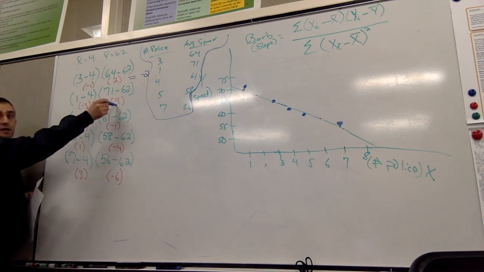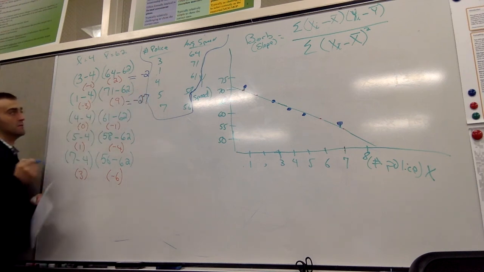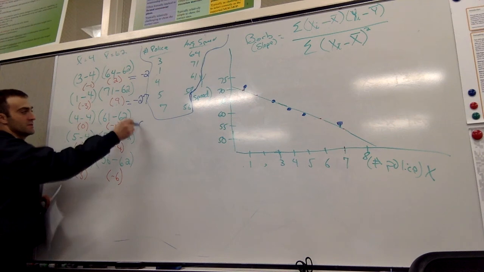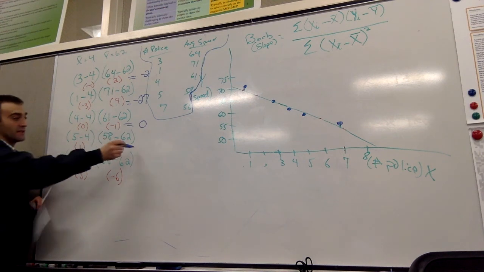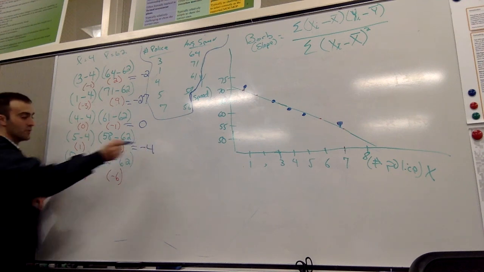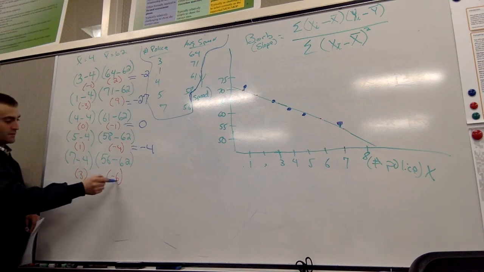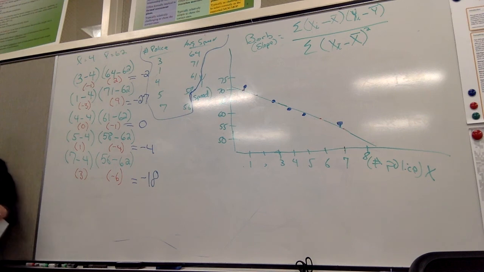The negative 3 times a 9, negative 27. 0 times a negative 1 ends up being 0. 1 times a negative 4 is a negative 4. And then our 3 multiplied by a negative 6 is a negative 18. Questions about step 3?